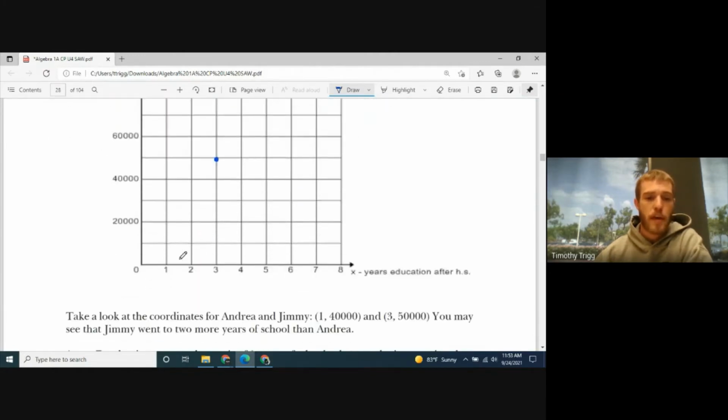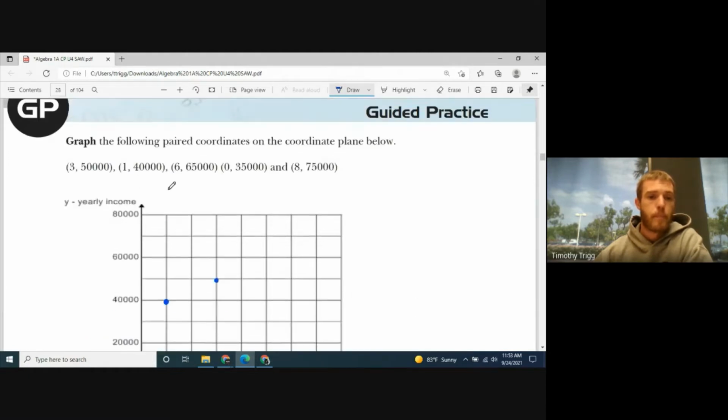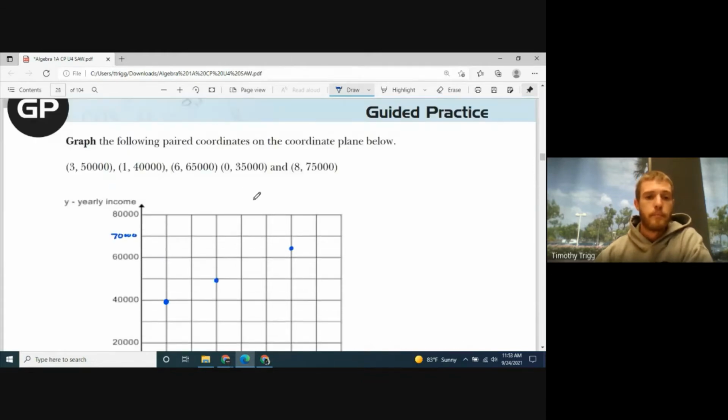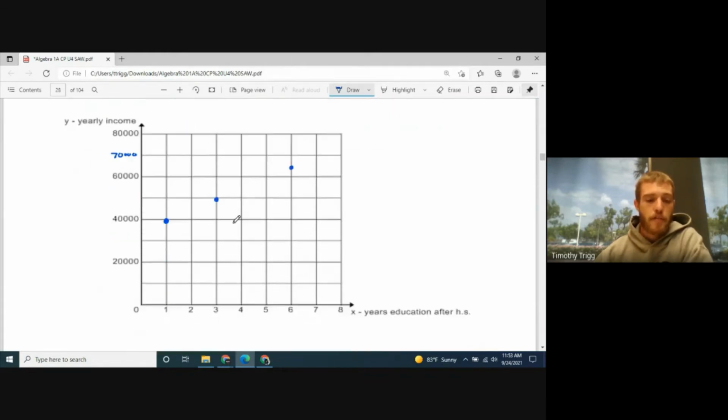1 comma 40,000. 6 comma 65,000. So here's 60,000. 65 is going to be right here, right? Because remember, this is like 70,000 right here, where this line is. So 65,000 is between these two. 0, 35,000.